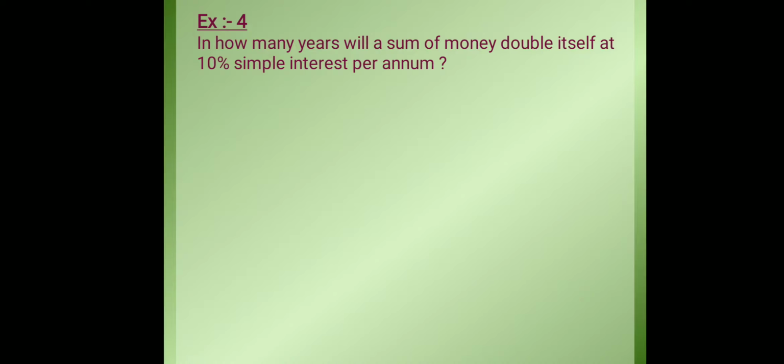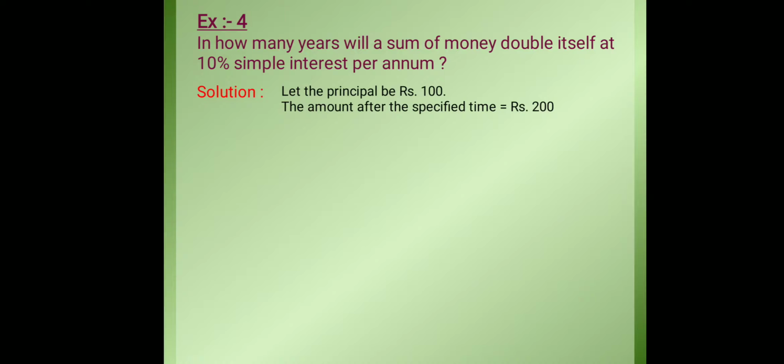One more example. In how many years will a sum of money double itself at 10% simple interest per annum? Here the solution is, let the principal be rupees 100 and the amount after the specified time is 200, because our condition is that the sum of money doubles itself.